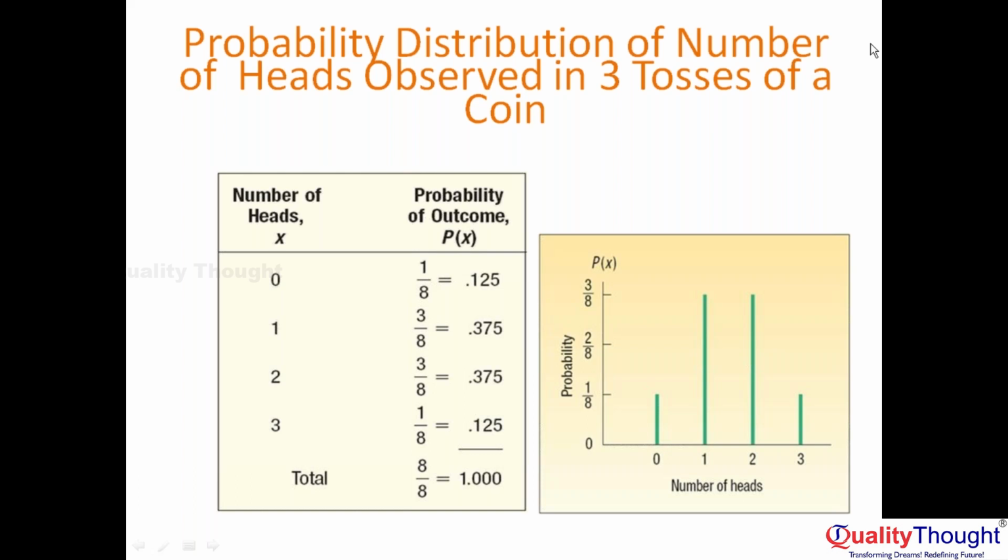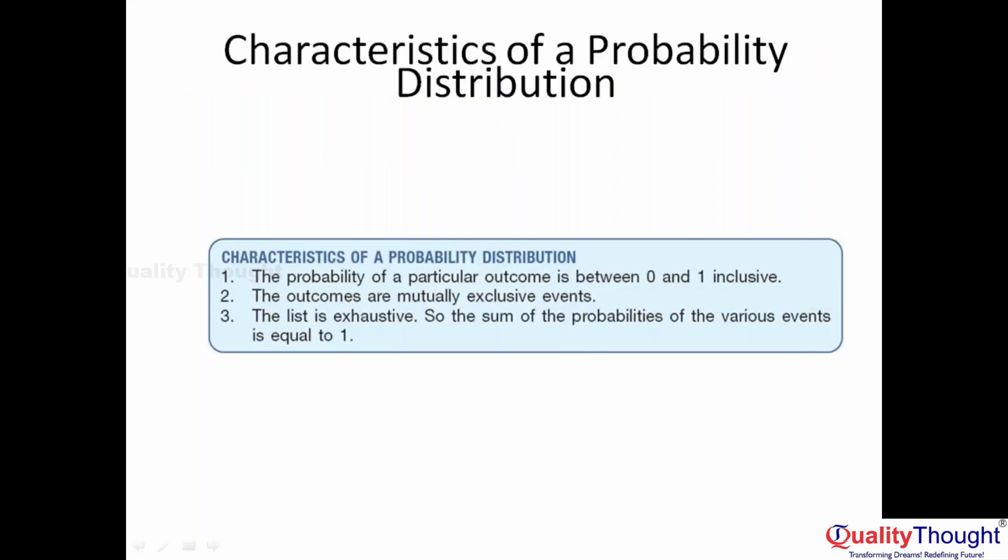And number two, we need to understand the probability distribution, the different probabilities for different events all together. If you just make a graph, that is called the probability distribution. Are you all good? If you have any questions, please raise the question right now. So here, this is very important: the characteristics of the probability distribution.